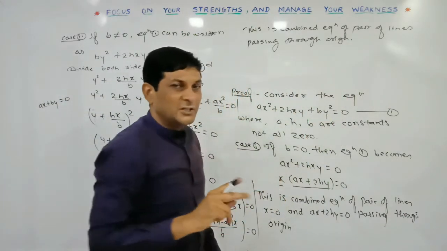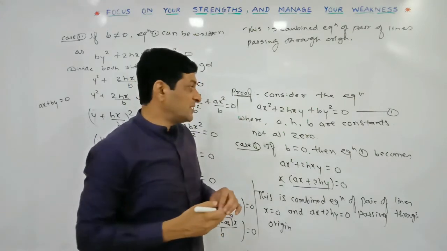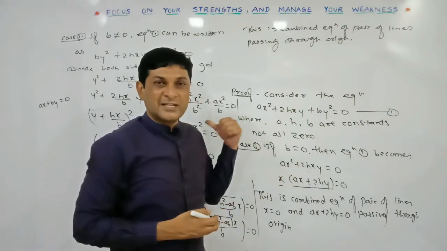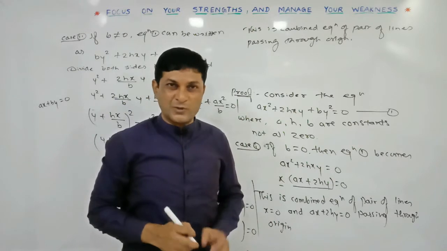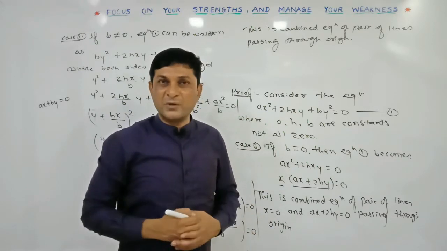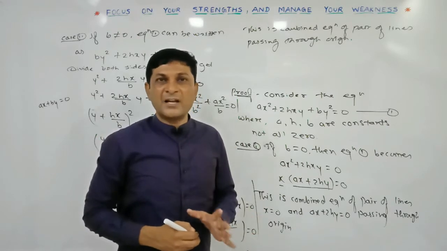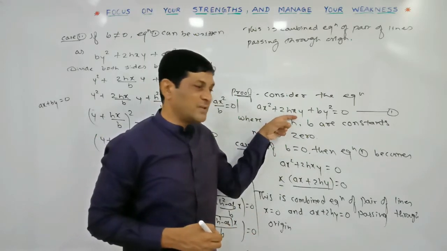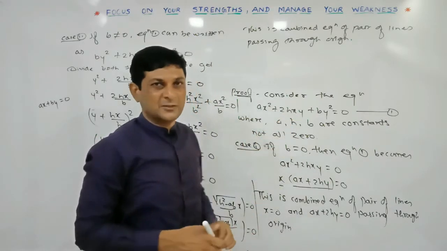Now in two cases we have shown this: the first case is b equal to 0, and the second case is b not equal to 0. Some other cases also exist, and we have already discussed them. So in every case we are able to show that equation number first represents a pair of lines passing through the origin.